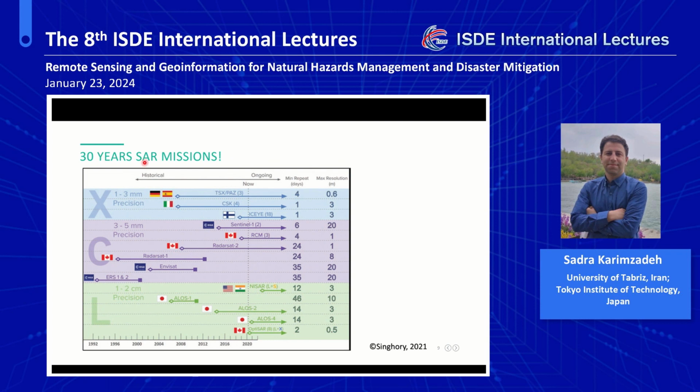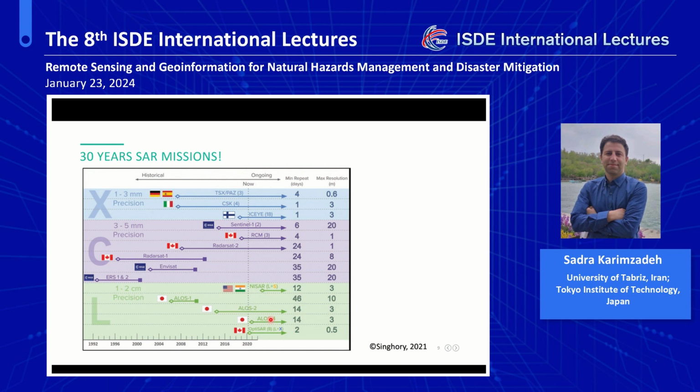So here you see 30 SAR missions, many different missions. Sentinel and ENVISAT-ERS are from the European Space Agency, and ALOS-1, 2, and more recently ALOS-4 from JAXA.